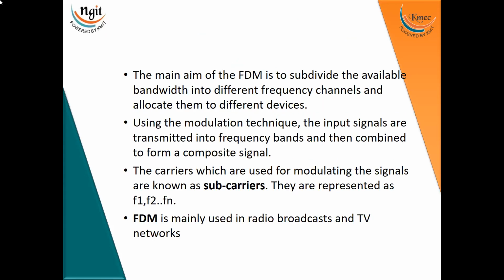The main aim of frequency division multiplexing is to subdivide the available bandwidth into different frequency channels and allocate them to different devices. The main examples are radio broadcast and TV networks.